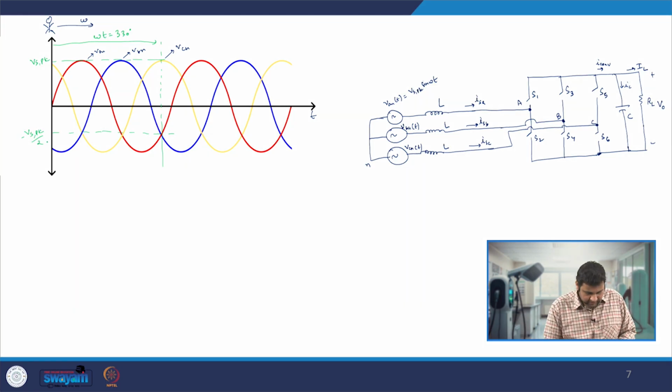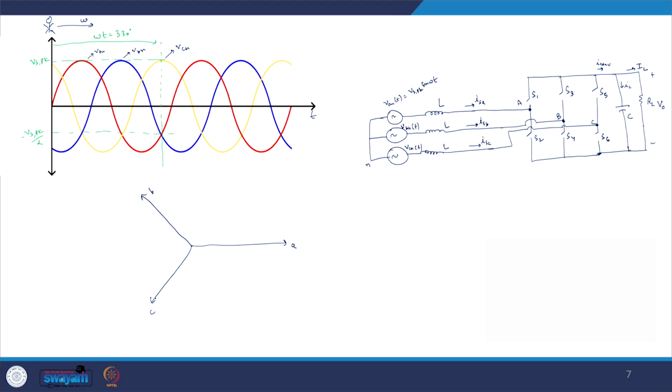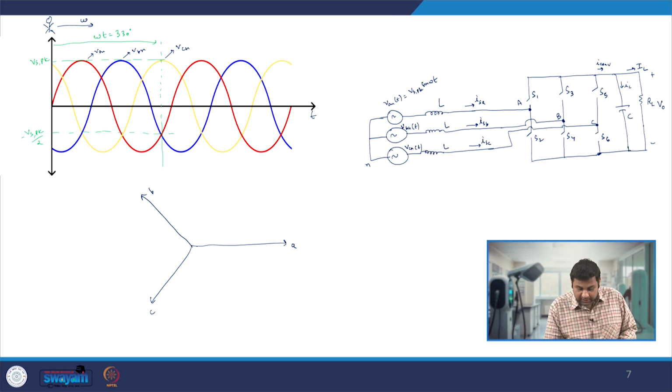So here we have 3 axes A, B and C, 120 degrees apart from each other: from the A phase you are applying minus Vs peak by 2, from the B phase minus Vs peak by 2, and from the C phase Vs peak.